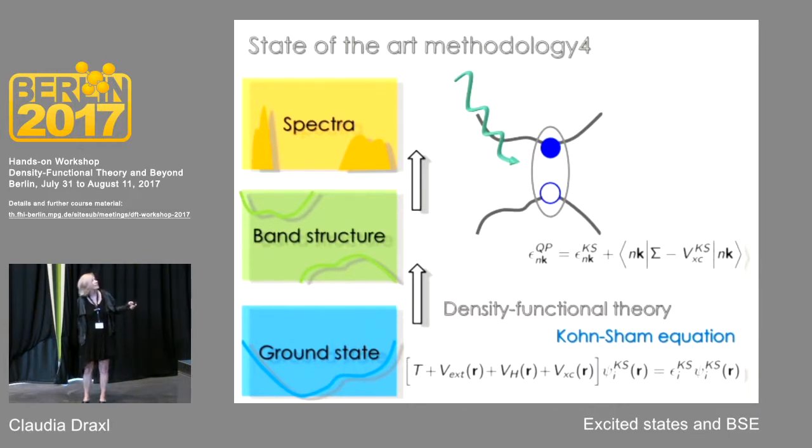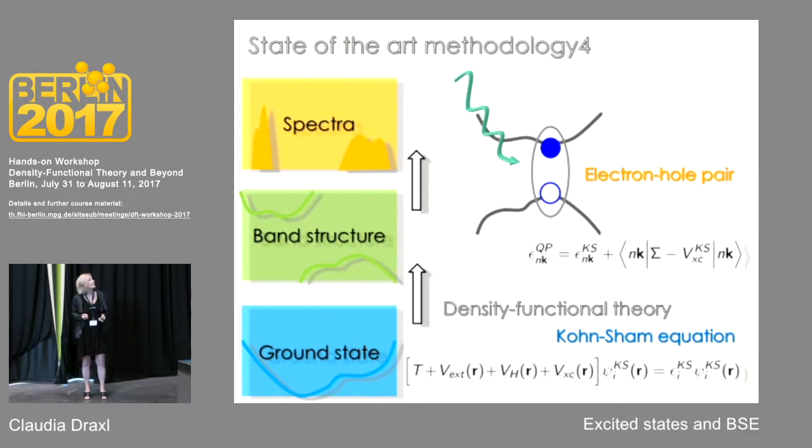And the electron is just taken to one of these empty conduction states. But what we need here is to account for possible electron-hole interaction, because this electron that is excited and is sitting now in the conduction band may well feel the hole that it itself has left behind. And this could give rise to even bound electron-hole pairs.